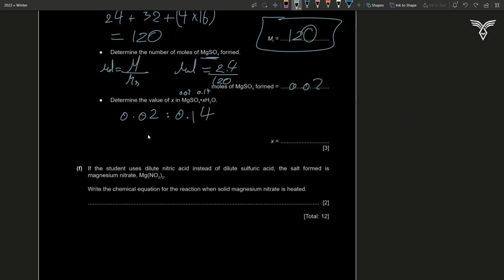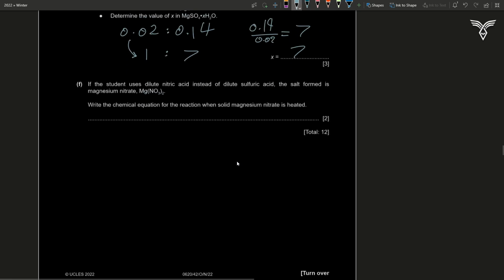If the 0.02 becomes 1, then what does the 0.14 become? You can cross multiply and you'll find it's 7, and this would be a correct answer. Or you can simply divide 0.14 by 0.02 and it gives you 7. So x is equal to 7, whichever way you prefer.